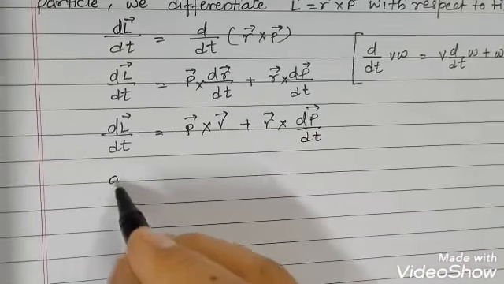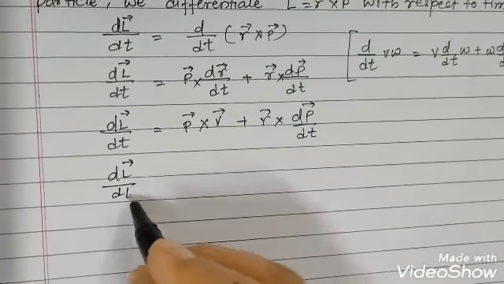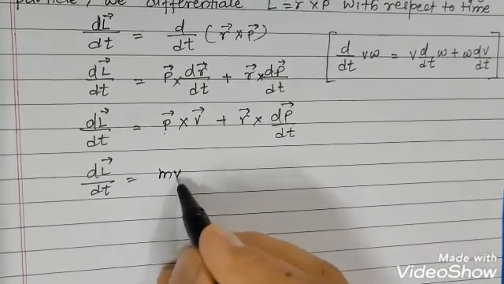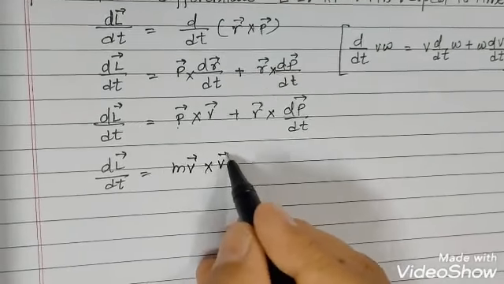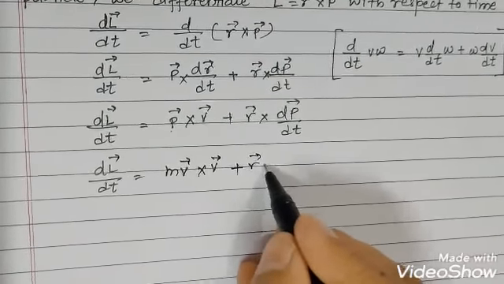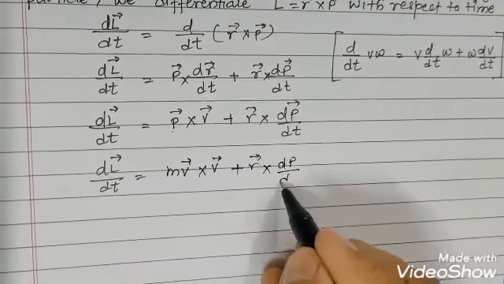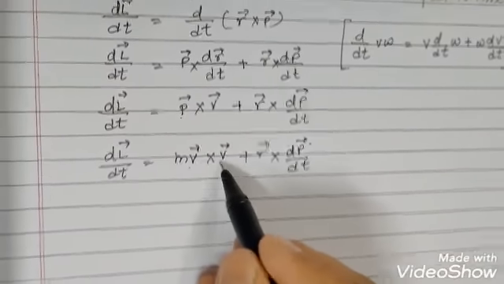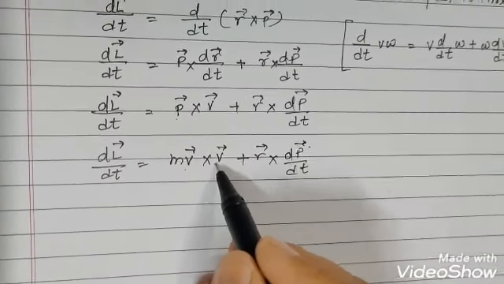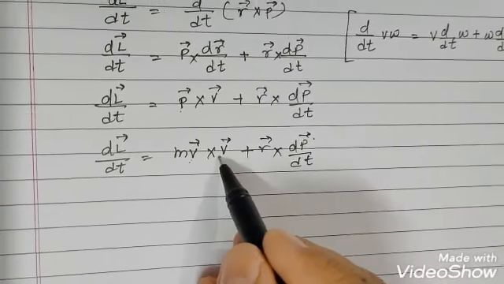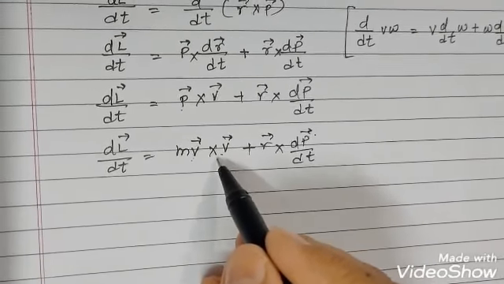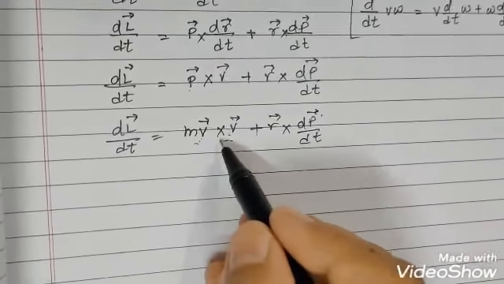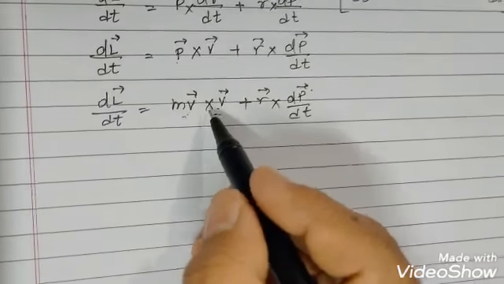Now dL upon dt has the term v cross p, and p is also mass into velocity. So what we observe here is the cross product of the same quantity, v cross v. The angle theta will be 0, so sine 0 will be 0, so this cross product comes out 0.